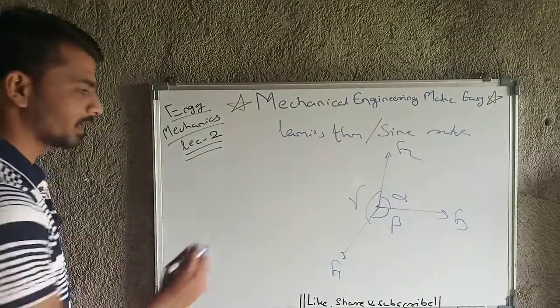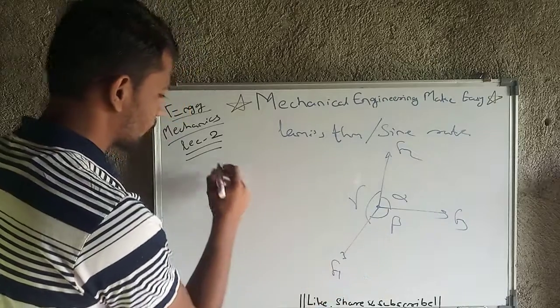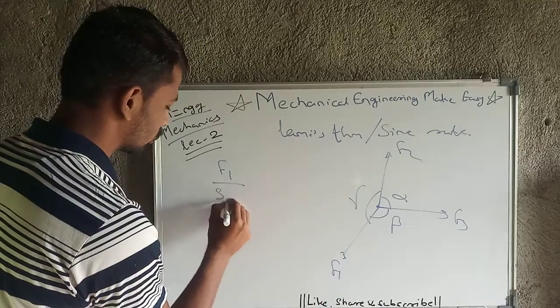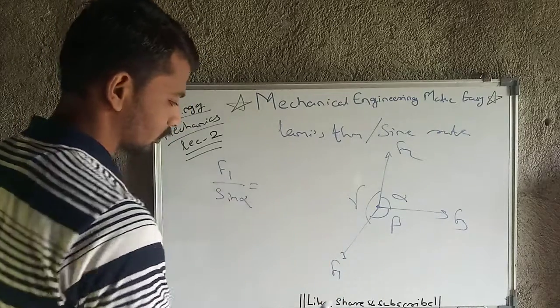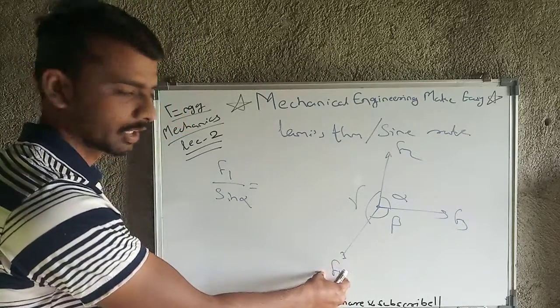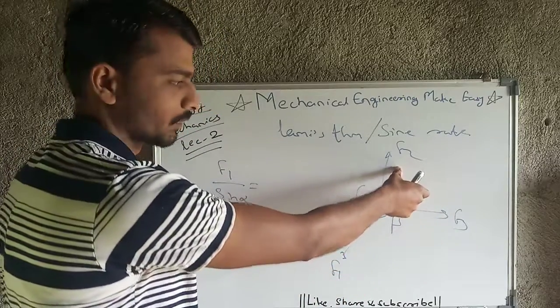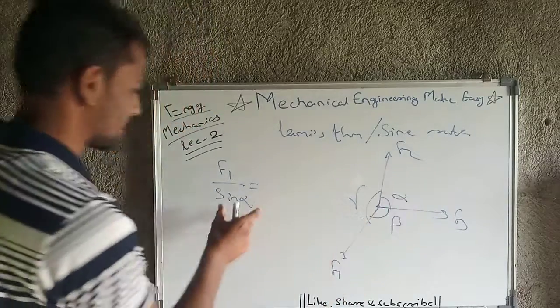So what is the sine rule? Sine rule is f1 upon sine alpha. For the force f1 we have taken, the angle between the other two forces, that is alpha, we have to take here.